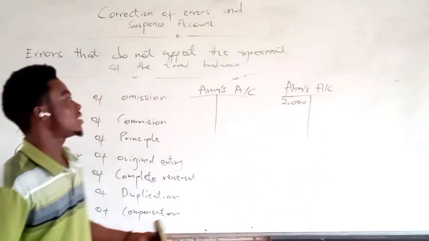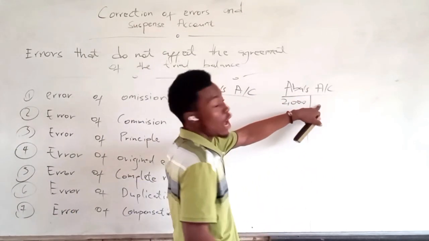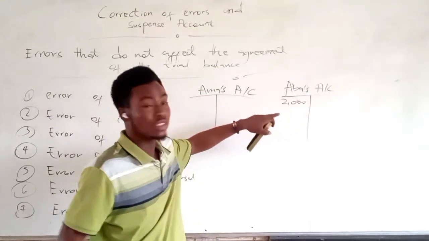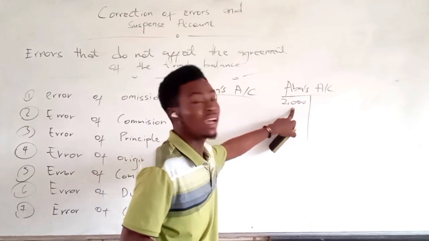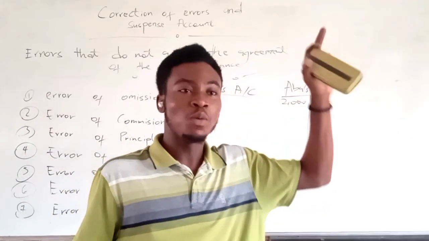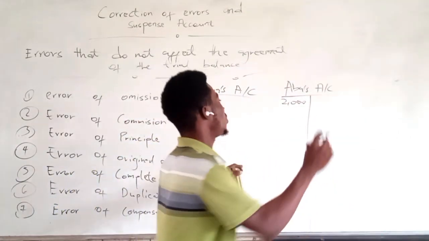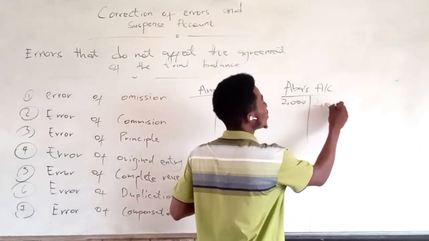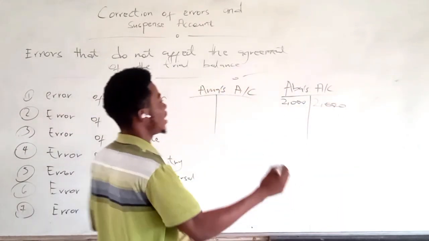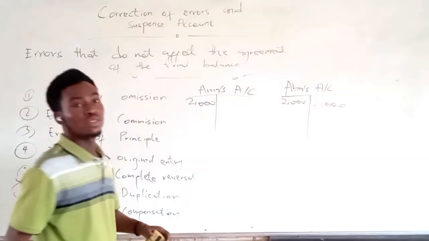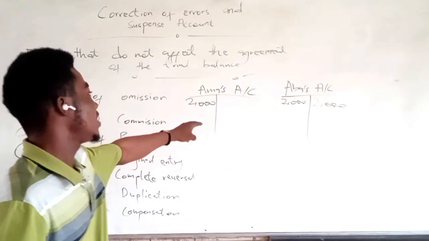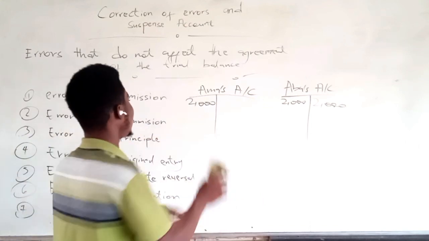To correct it, we just have to credit Ames account to cancel it out. In accounting, when we are canceling something, we don't cancel the figure, but rather we record it at the opposite side to cancel it out. So this 2,000 we recorded here, we cancel it out, and then we record it back to the right account with 2,000. So this is how we correct errors of commission.